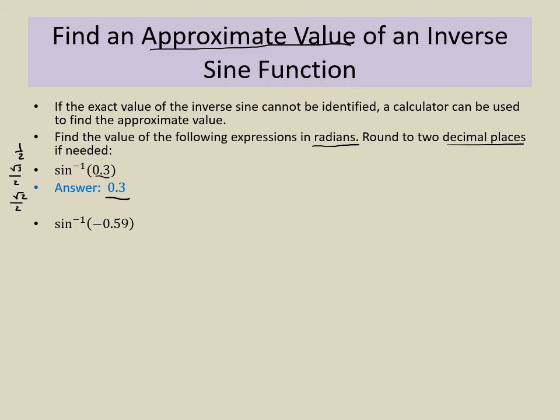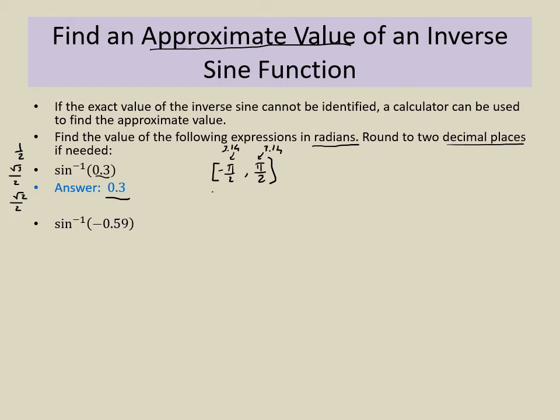Remember that the value of an angle in radians here is going to be between negative pi over 2 and positive pi over 2. Recall that pi is approximately 3.14 if I round to 2 decimal places, so pi over 2 is approximately 1.57.